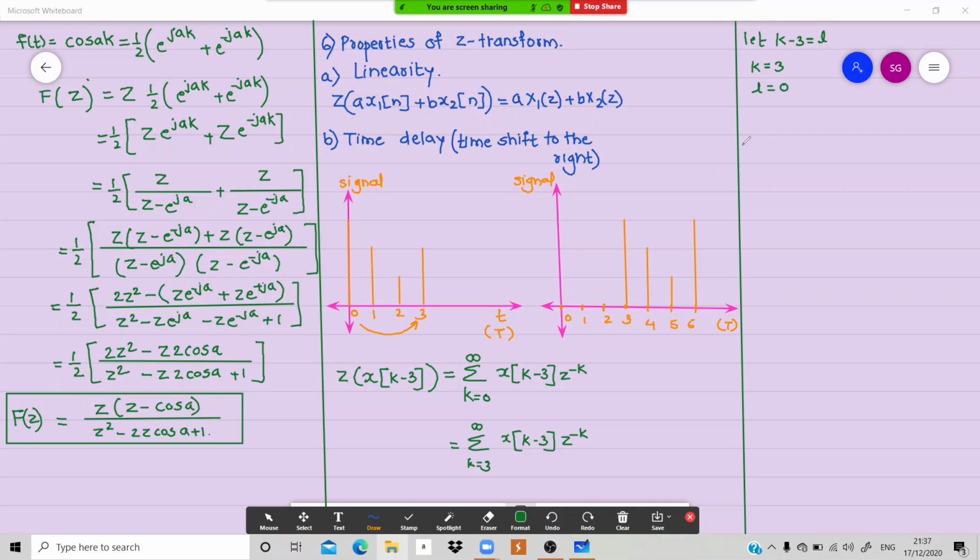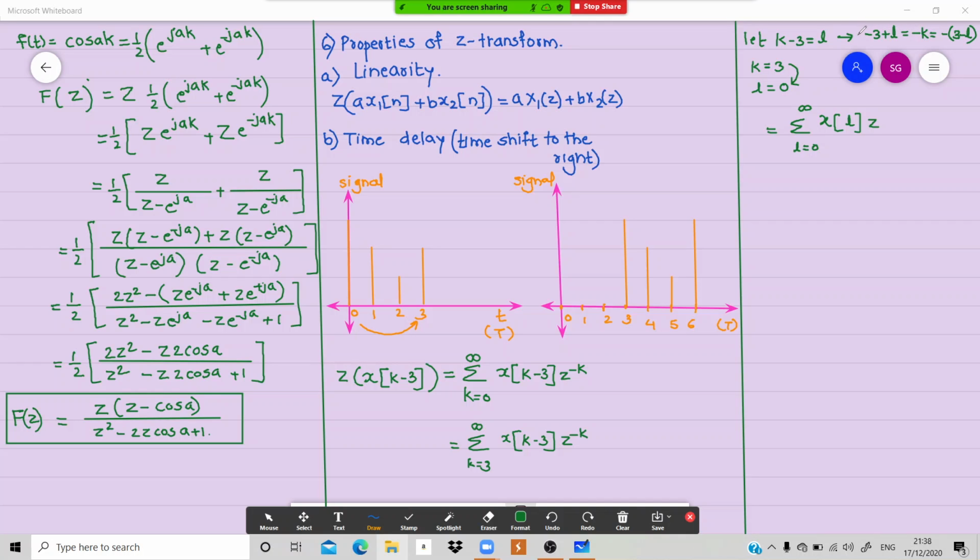So we'll put that value, and you are going to have summation, when K is equal to 3, L is equal to 0, that means L is equal to 0 to infinity X of L Z raised to minus K. If it is minus K, then instead of minus K I can write minus (3 plus L), or if I take minus common, it is going to be 3 plus L. Sorry, 3 minus L. Agree?